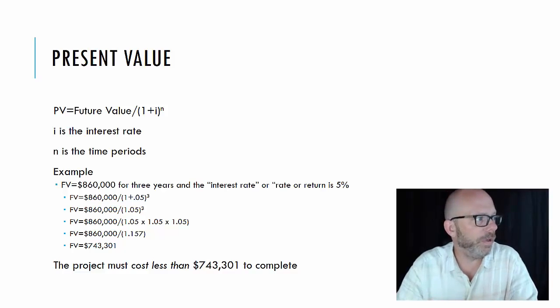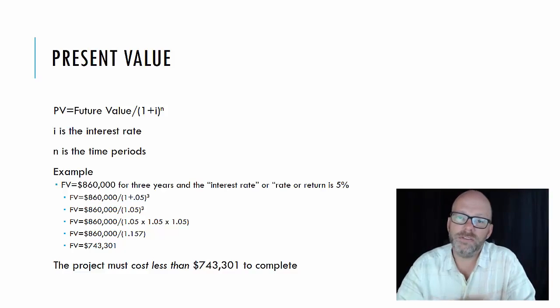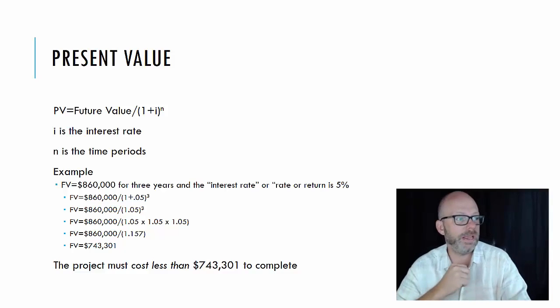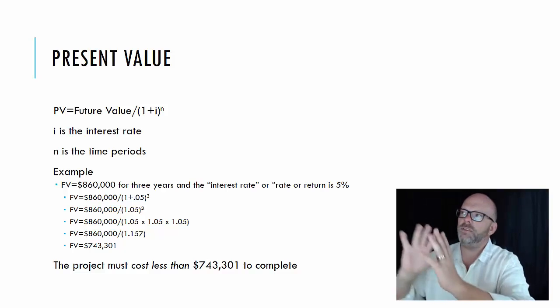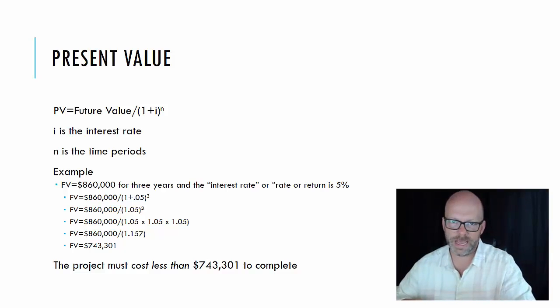So for example, we have a project that I say to you will be worth $860,000 in 3 years. And the interest rate is 5%. So using this, I want to see, well, that's off in the future. What is that worth today?